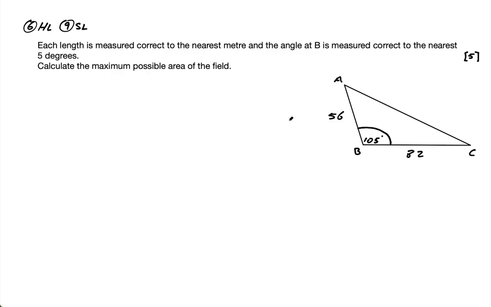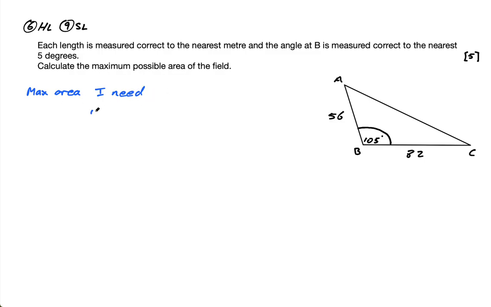So, to clarify, I need to find the upper bound of the lengths and the lower bound of the angle. That will give me the maximum possible area. So I'm actually going to write that down, to show the examiner I know what I'm doing, and I'll get a mark for this.